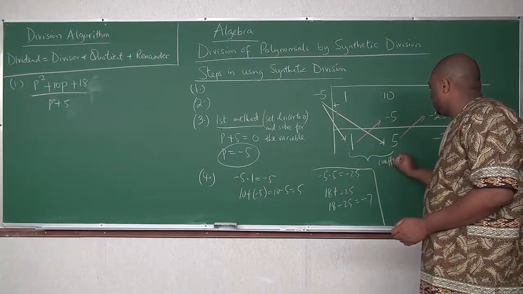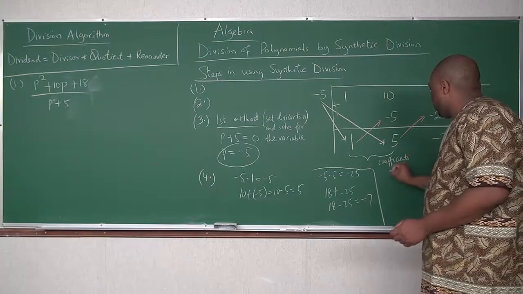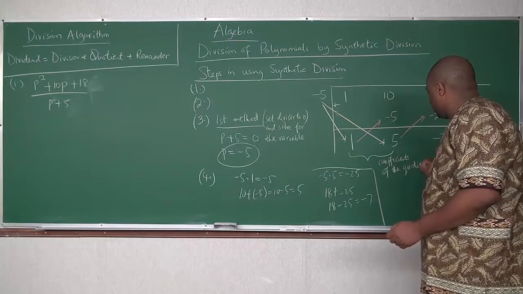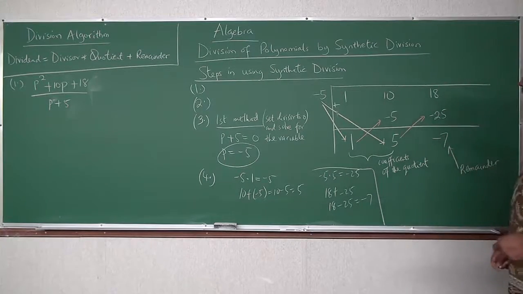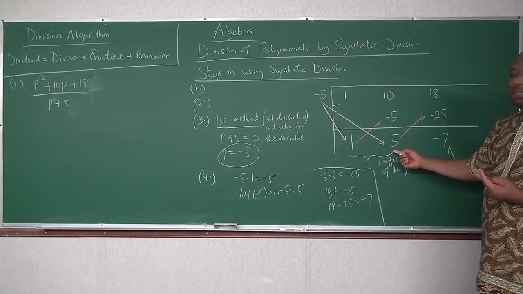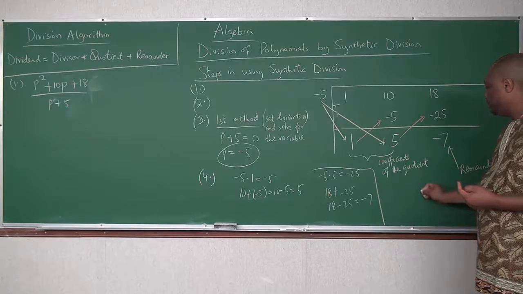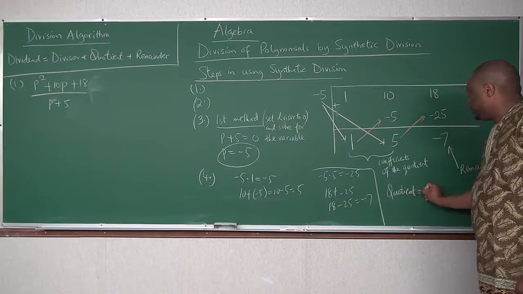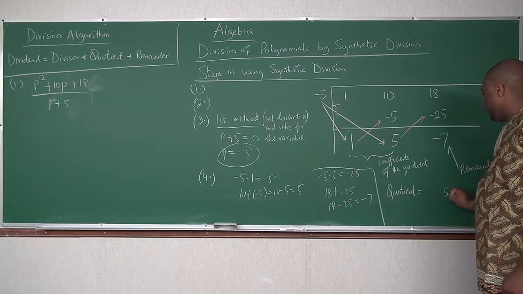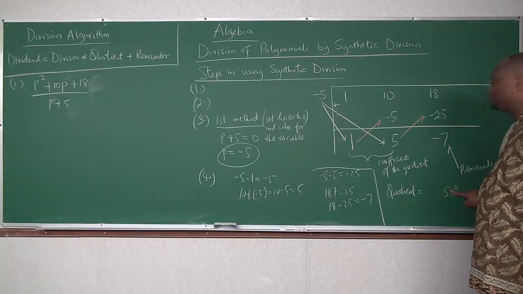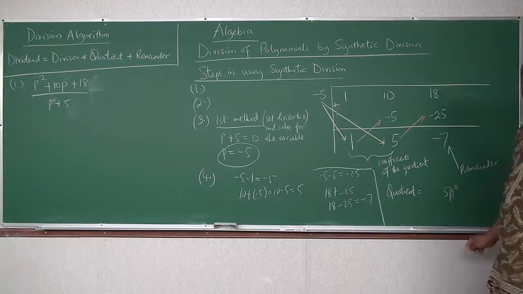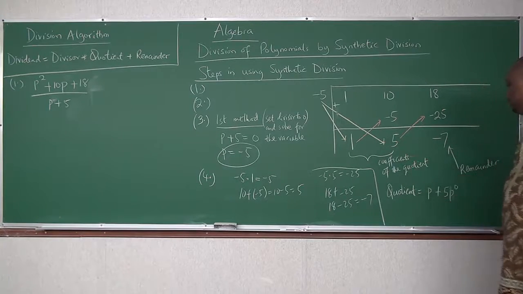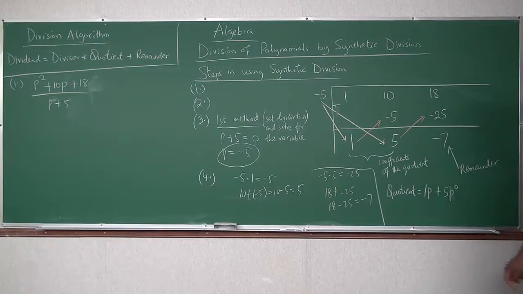These are the coefficients of the quotient. The quotient in this case is 5 times p to the power 0, because that's the constant term, plus 1p.